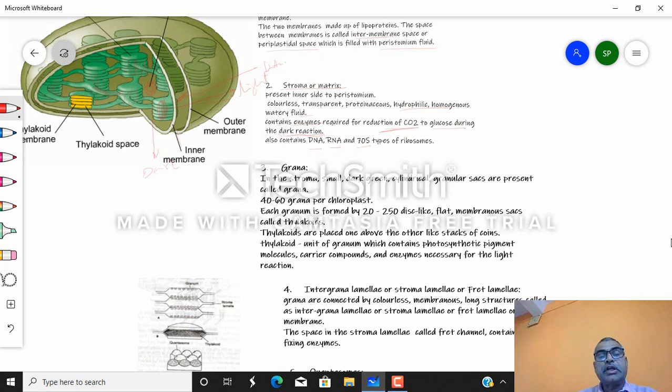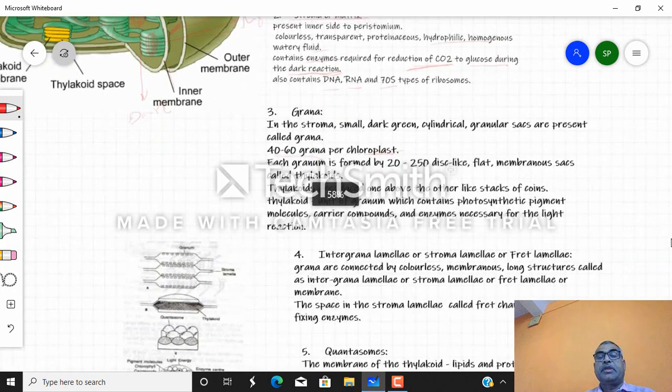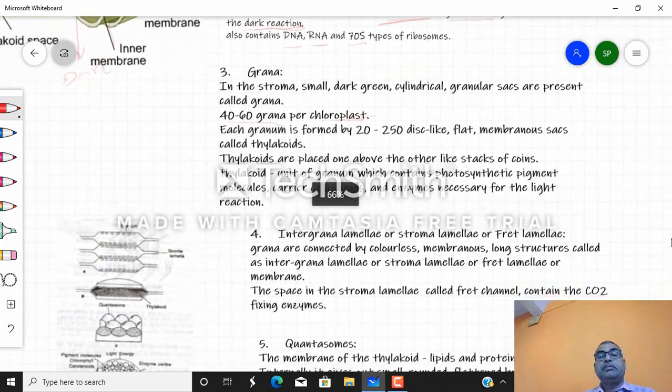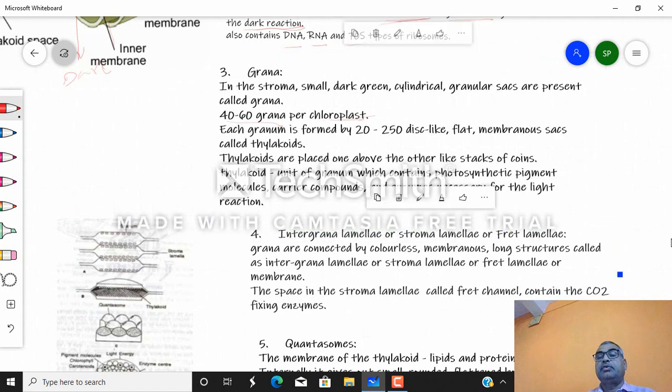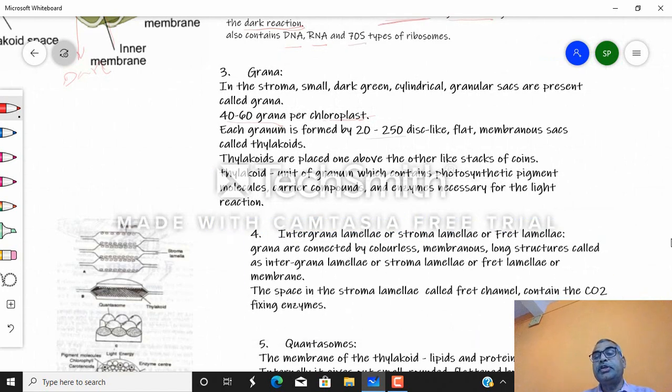About 40 to 60 grana are present per chloroplast. Each granum is formed by 20 to 250 disc-like flat membranous sacs, which are called thylakoids.